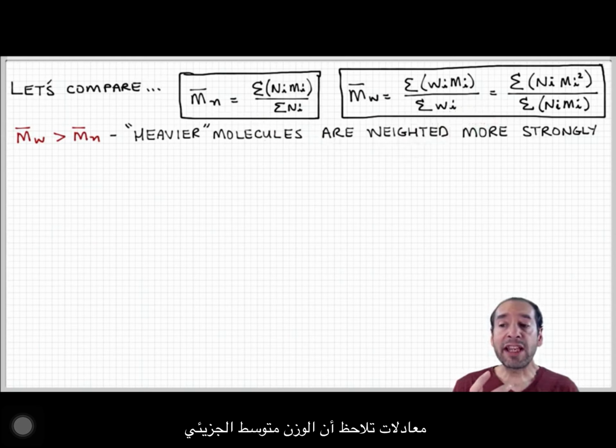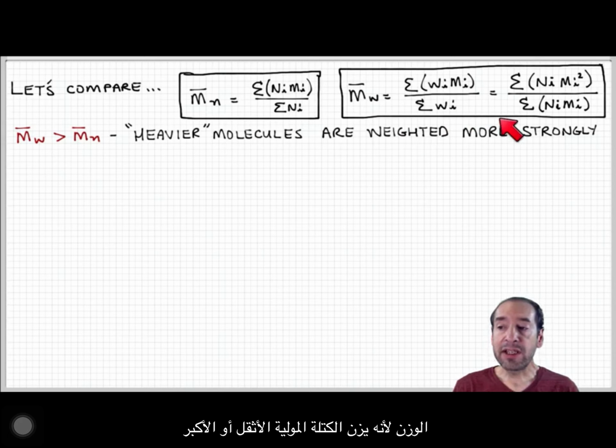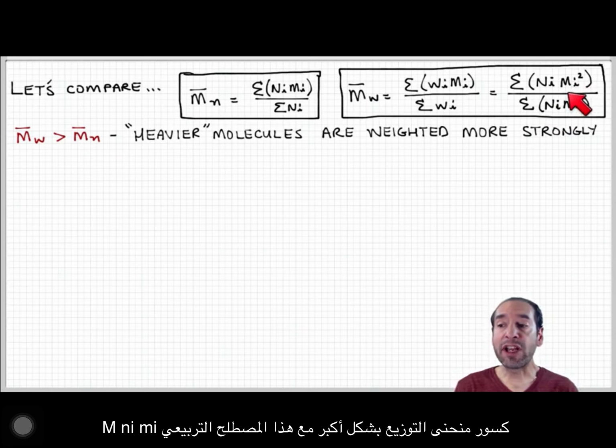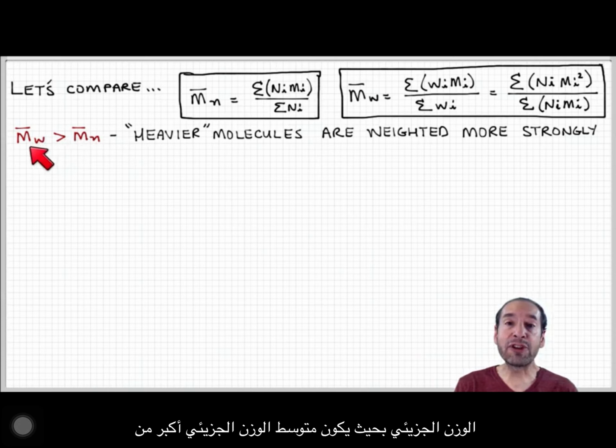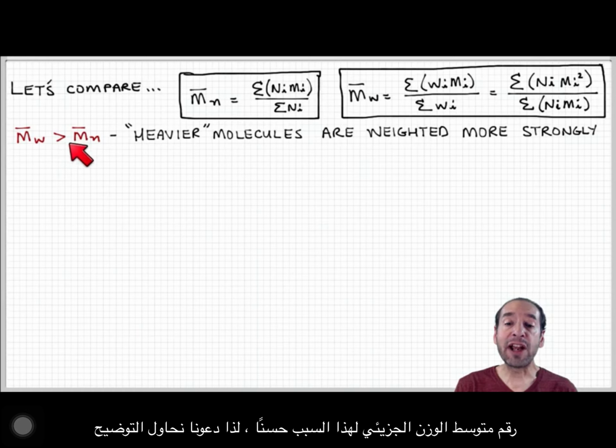Notice that the weight average molecular weight, because it weighs the heavier, higher molar mass fractions of the distribution curve more heavily with this N_i M_i squared term, is going to give us a result that's greater than the number average molecular weight. So the weight average molecular weight is greater than the number average molecular weight for this reason.